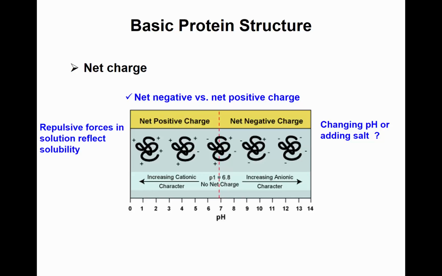By doing so, you will end up with more net negative charge because of the carboxyl groups that are there. So an amine group, the primary amine, goes from NH3+ to NH2.